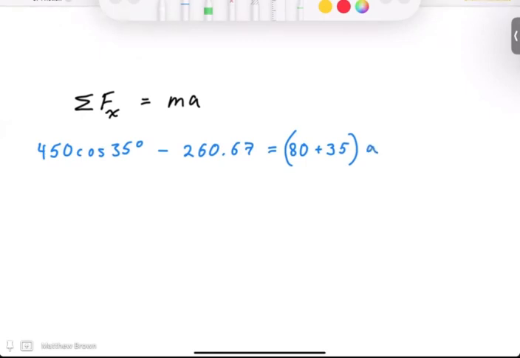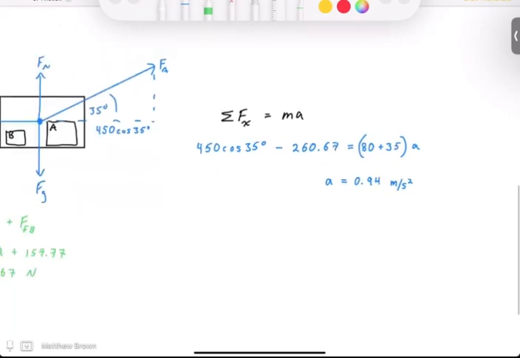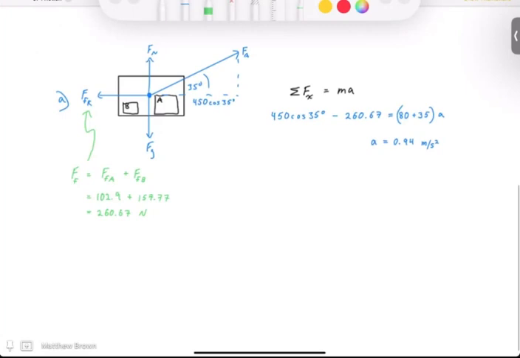Now I just need to put in all the numbers here: cosine of 35 into a calculator times 450 minus 260.67, and then divide all that by 115, and that will give me a equals 0.94. And that was the piece that I actually wanted for this.